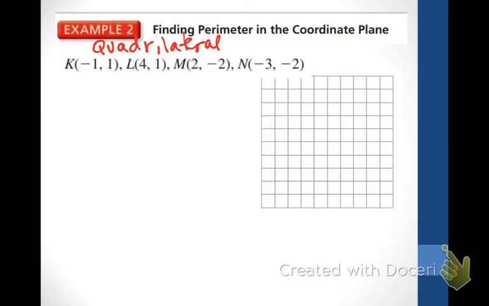So we're going to plot all the points. So go ahead and draw an X and Y axis. And then we're going to plot the points. We've got -1, +1, so -1 means to the left, and then +1 is up. So there's K. For L, we've got +4, so from the origin that's over 1, 2, 3, 4, and then up 1.